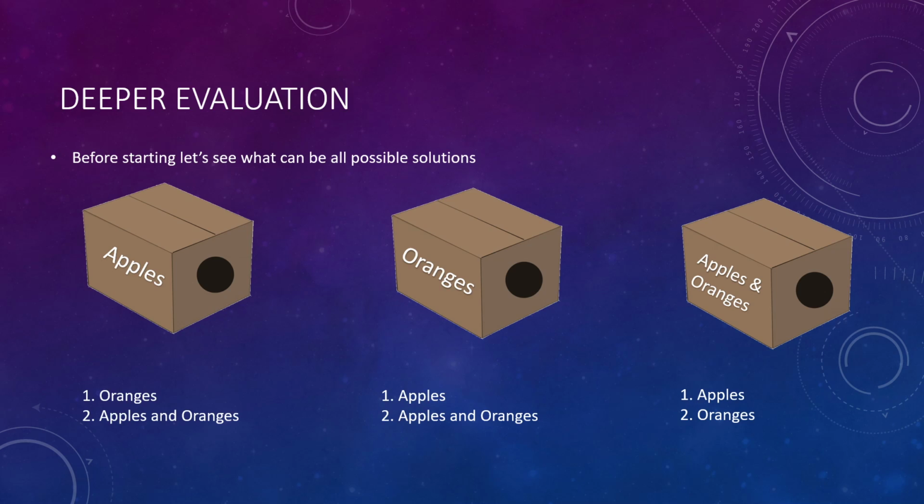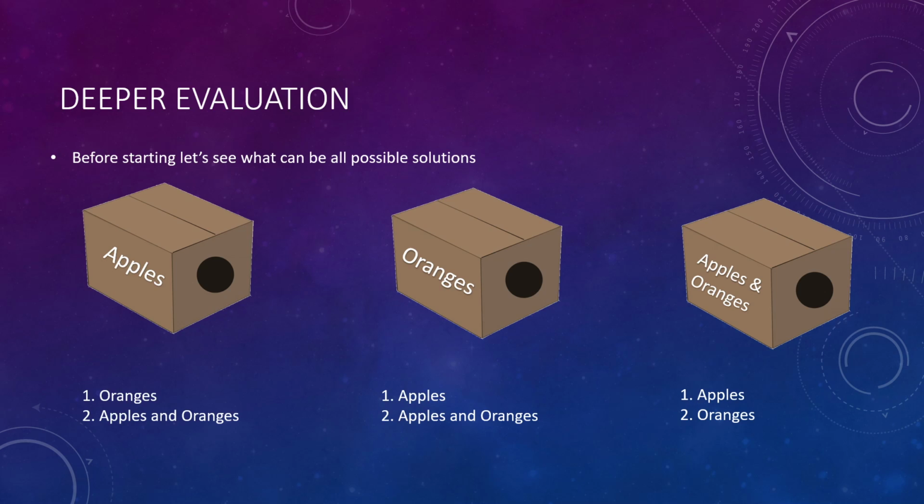But what if this box contains oranges? In that case, you cannot say definitively whether this is a box of oranges or a box of apples and oranges. So that won't help you in determining the content of the other boxes.